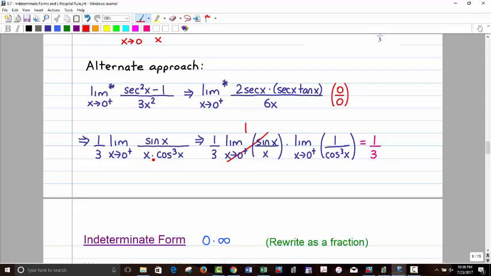Although we would have been able to factor out a cosine, because I had cosine here, and I would have had two different cosines there. So maybe one day I'll go back and try to do that with another L'Hopital's rule and see if it would have got simplified or not. It might have worked out all right. I just thought it was going to be bad because of the product rule, but it might not be.